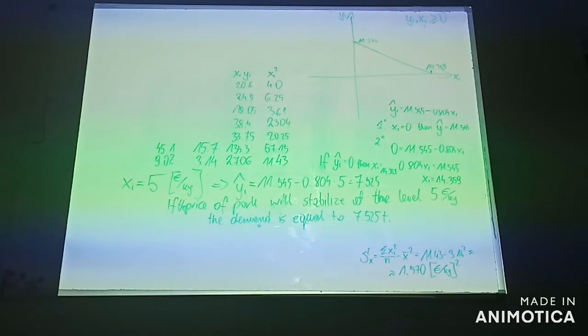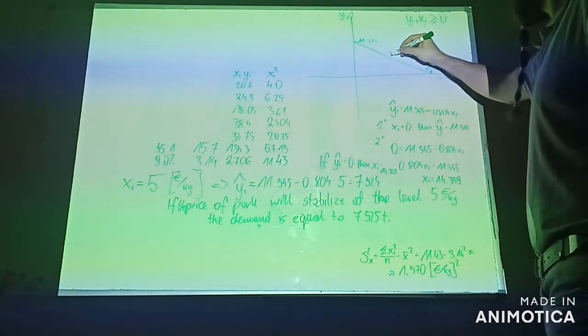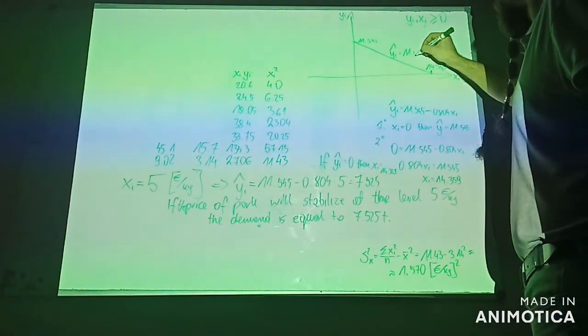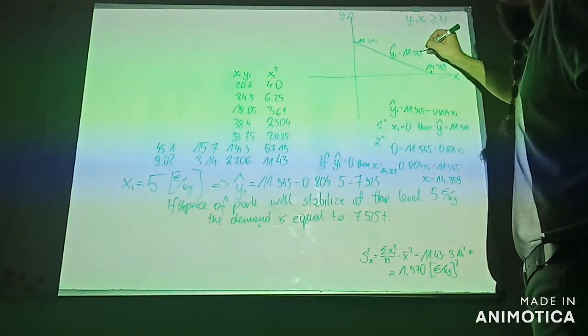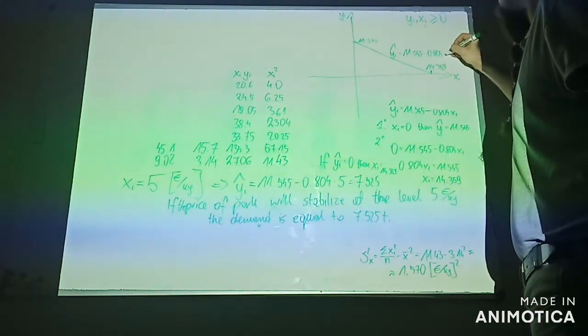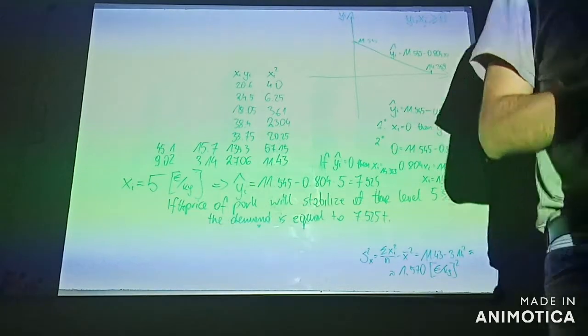Economic model of the demand for pork: yi roof equals 11.545 minus 0.804 xi.